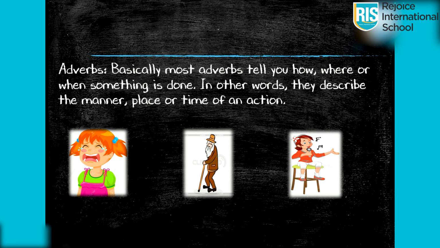So loudly becomes adverb. Let's take another example for adjective. He is very tall. It is describing that it is tall, very tall, using the word very. So over here, adverb very is used to describe adjective.